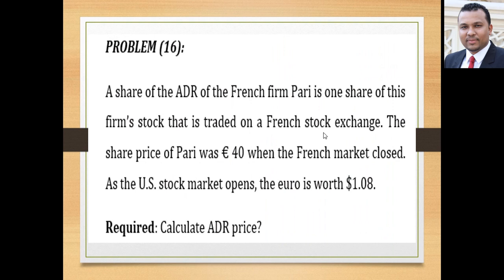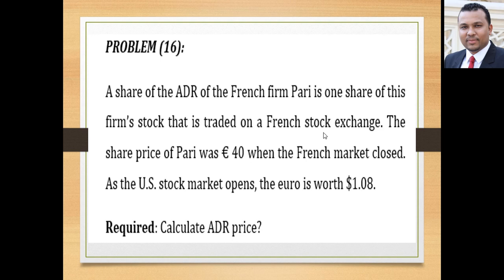Our problem number 16 on page 176. Now we want to make pricing for an ADR. So in our problem, there is an ADR of a French firm, where one share of this firm's stock is traded on the French stock exchange. The share price equals 40 euros.